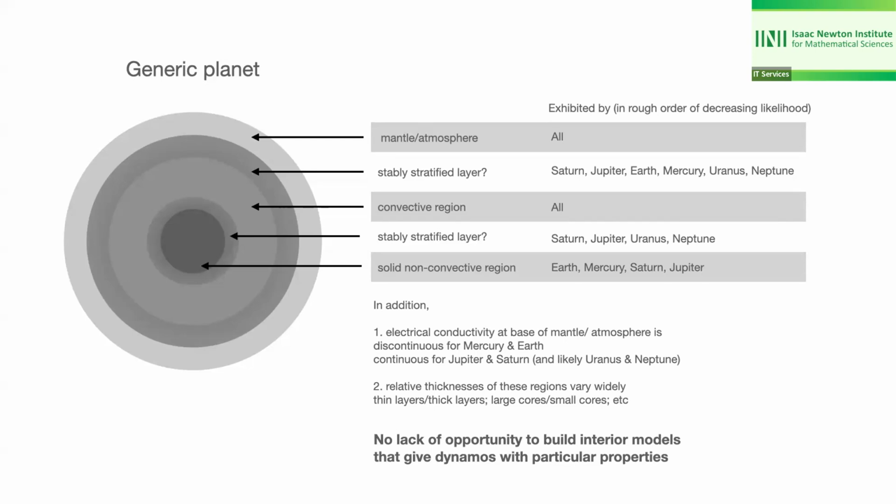You go from low conductivity to high conductivity abruptly at the base of the mantle, whilst for Jupiter and Saturn, and most likely also for Uranus and Neptune, the electrical conductivity increases through some region in which the transition, in the case of Jupiter and Saturn, to metallic hydrogen, in the case of Uranus and Neptune to conducting ionic ices, is taking place.